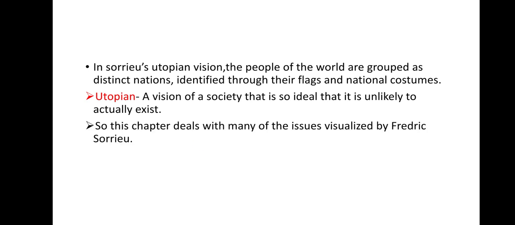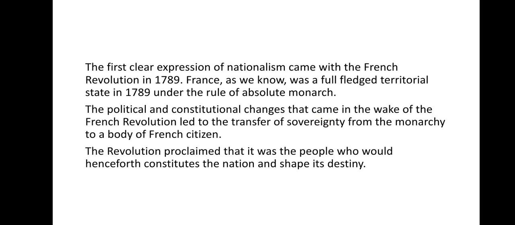My dear students, this chapter deals with many of the issues visualized by Frederick Sorrieu. The first clear expression of nationalism came with the French Revolution in 1789. France, as we know, was a full-fledged territorial state in 1789 under the rule of an absolute monarch.